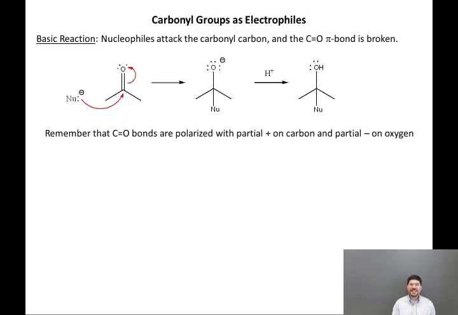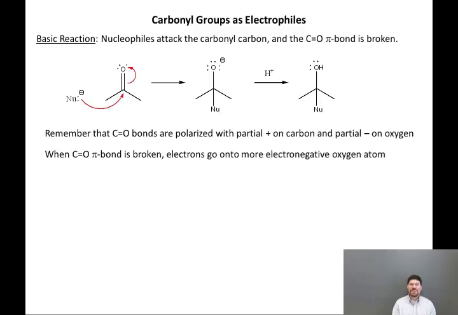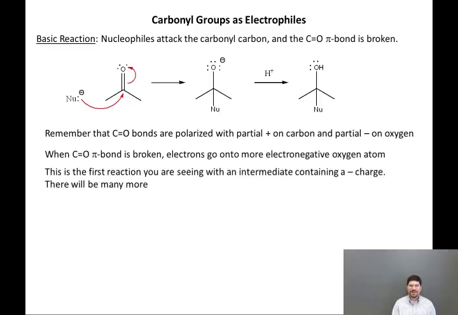So remember that CO double bonds are polarized with a partial positive charge on carbon and a partial negative charge on the oxygen. So when the CO pi bond is broken, the electrons go onto the more electronegative oxygen atom.